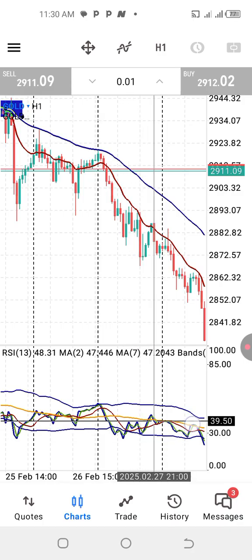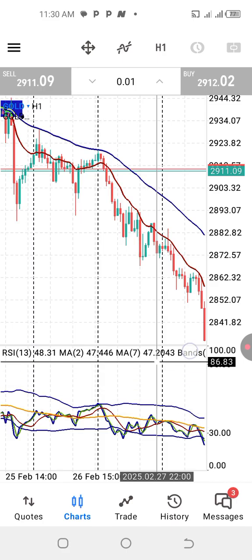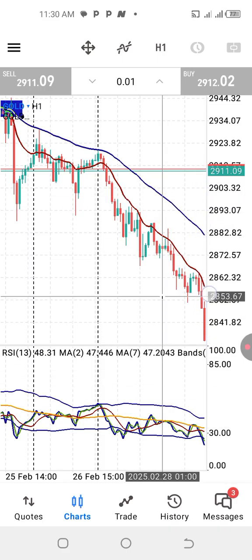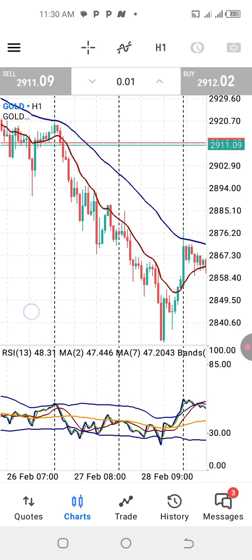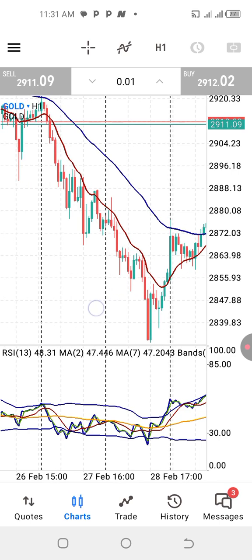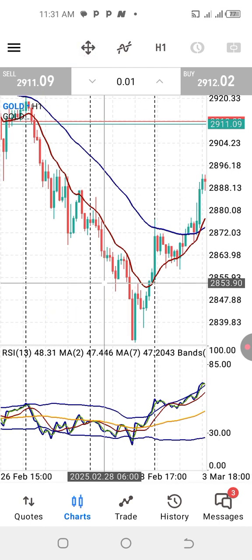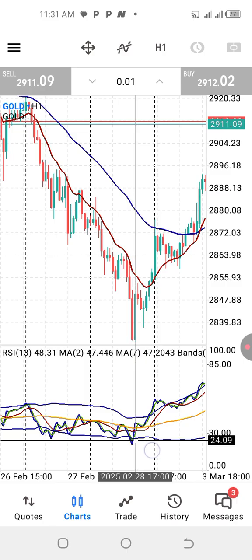Look, here there was a crossover. Provided the market is below the blue line. Look at that. All this is profit. Look at how the market fell. And my exit was right here.